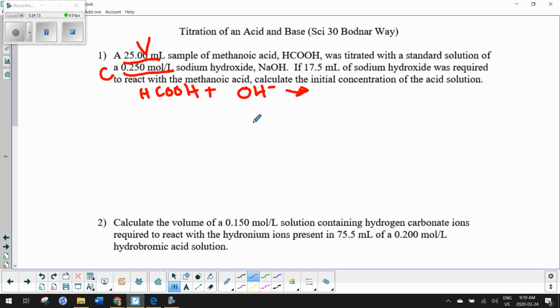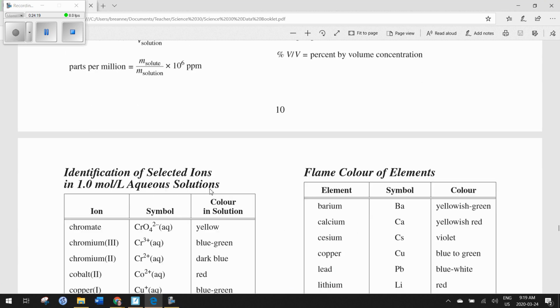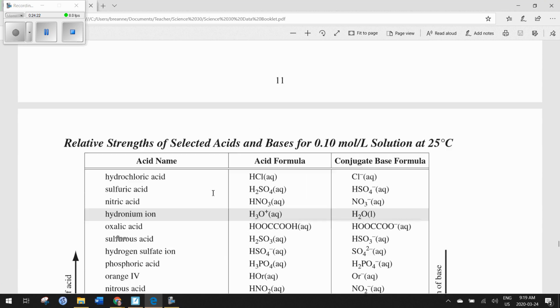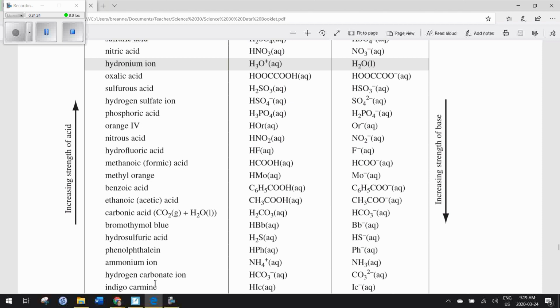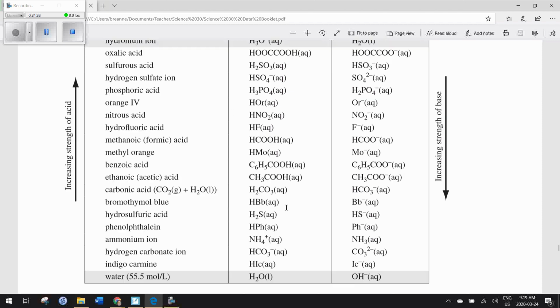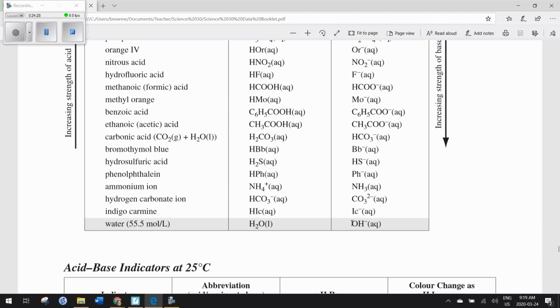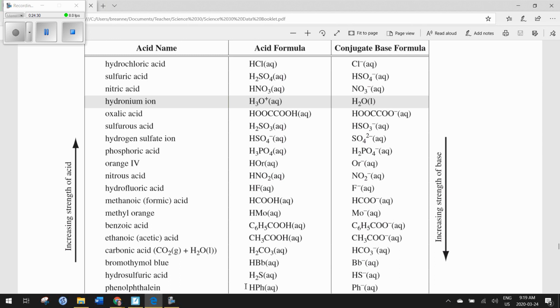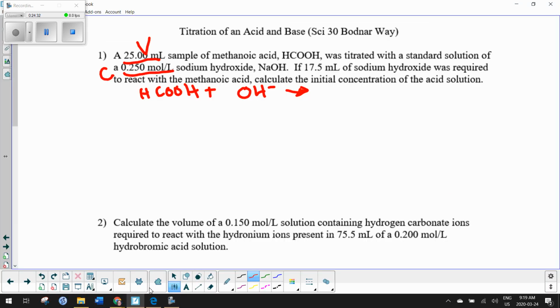Okay, so I have to use my Bronsted-Lowry theory of acid and bases. So this is where your data booklet comes in handy. You need to turn it to page 11. So we had OH -1, which is way down here. And then we had HCOOH.